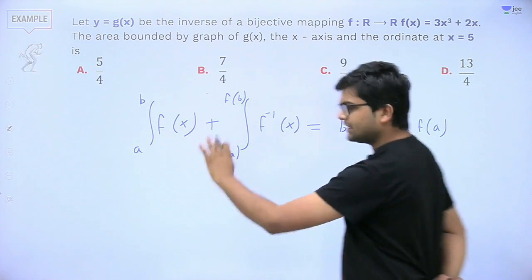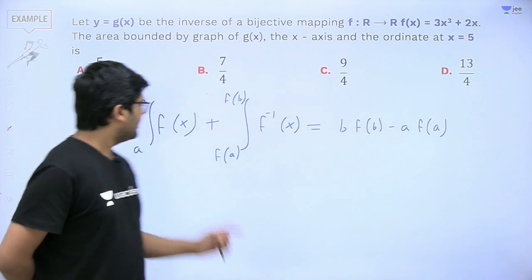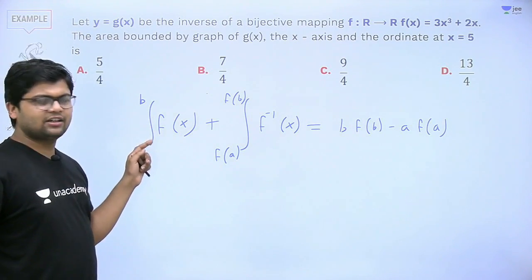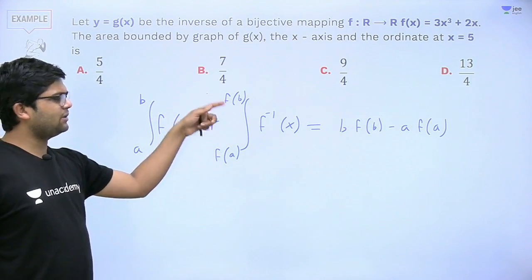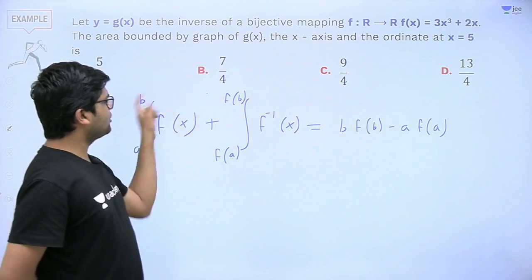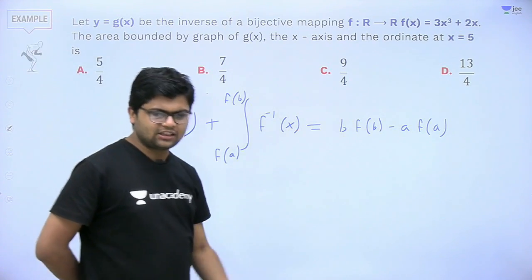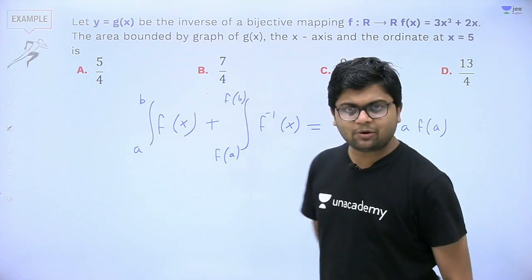This is the standard integral that all of you must know: the integral from a to b of f(x) plus the integral from f(a) to f(b) of f inverse x is equal to the product of upper limits minus the product of lower limits. That's how it should be remembered.